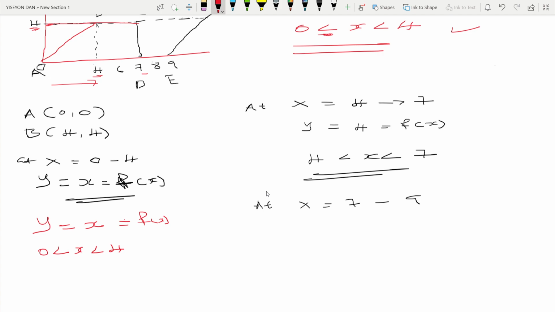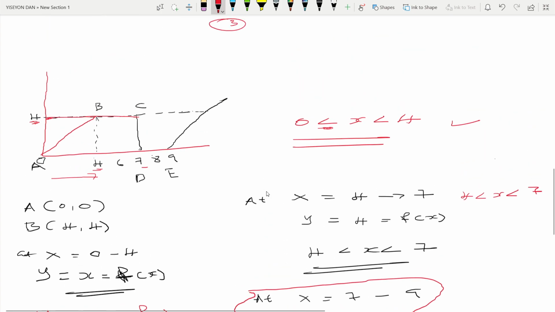So moving from 4 to 7, that is 4 less than x less than 7, the value for y is equal to 4, which is also equal to f of x. You can try this last one yourself and check what the value of y is going to be. So all of these are typical examples of what we mean by the periodic function.